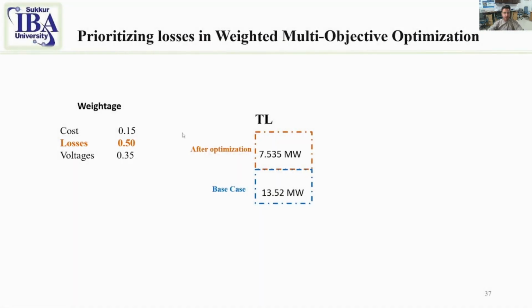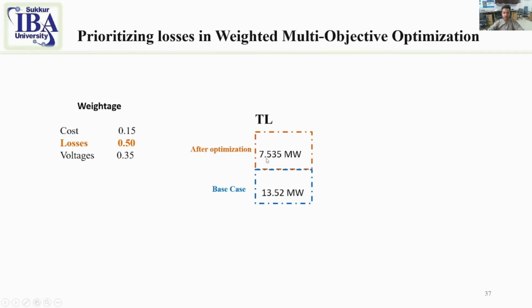So again we give the priority to the losses. Here you can see we gave the losses 0.50, means 50% weightage to the losses. Now we can say that this program will reduce the total losses, which actually you can see that base case losses are 13.52.